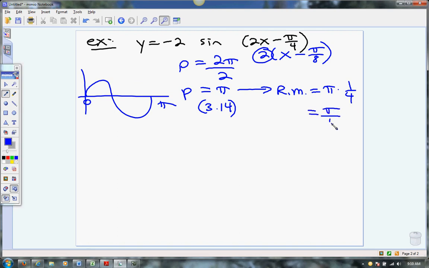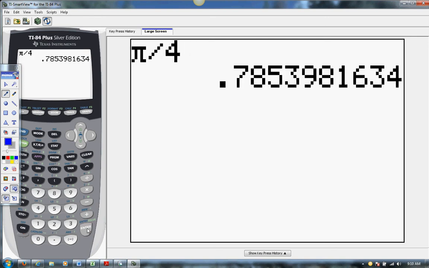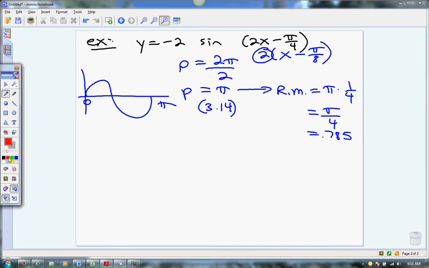Well, guess what? We need to think of what that is in terms of the graphing calculator. So we need a decimal. So I'm just going to find what that decimal is. Pi divided by 4, and it's 0.785. So that is 0.785 for my road markers. Now, let's also pay attention to the amplitude.